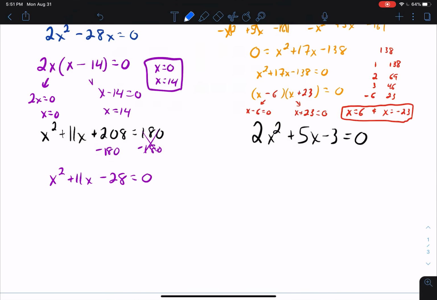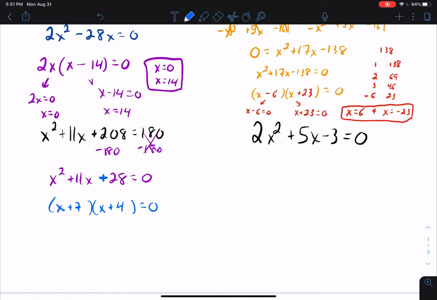From there, I know it's going to be x and x. All right, two numbers that multiply to negative 28 and add, oh, sorry, not negative 28. Hang on, that should be positive 28. Two numbers that multiply to positive 28 and add to 11 are going to be 7 and 4.